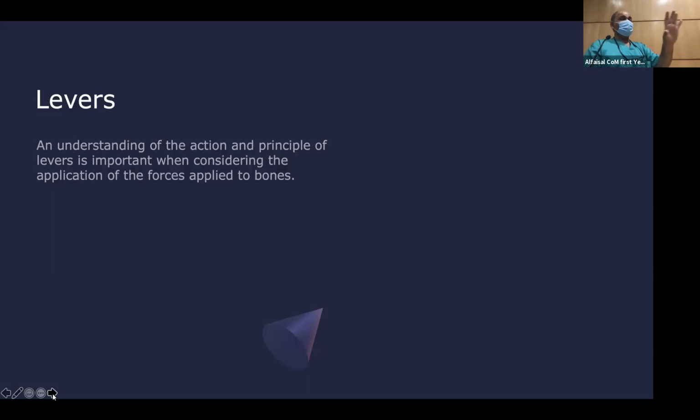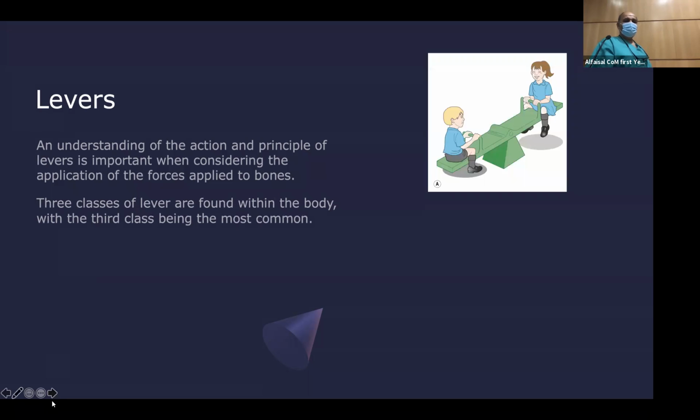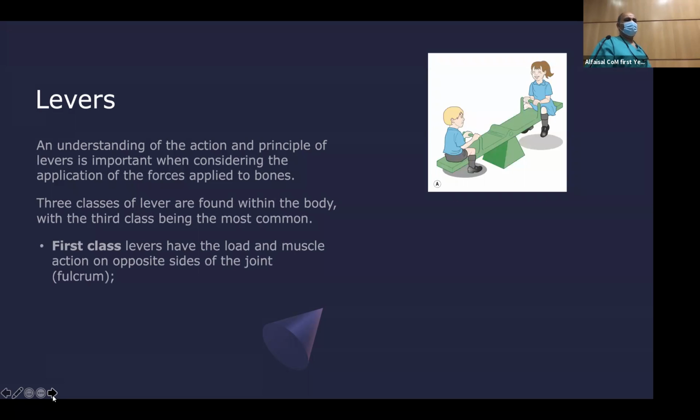Guys, function is really important. And in the last MSK exam, I think 90% was function. So we all remember this. You remember this from your childhood, the seesaw? So we have three classes of levers: first degree, second degree, and third degree.